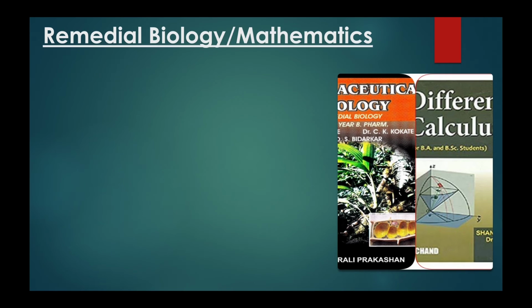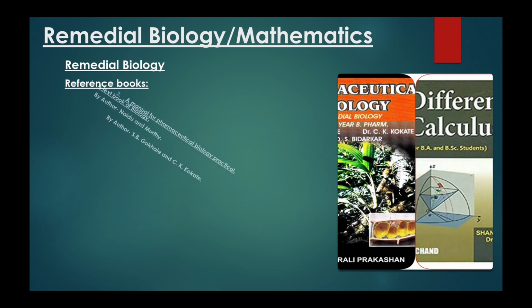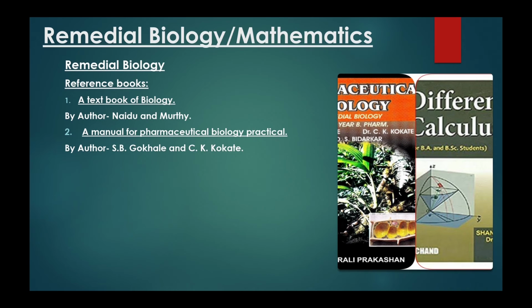For remedial biology and mathematics, let's see the books for remedial biology first. The reference books are A Textbook of Biology written by author Naidu and Murthy. Second, A Manual for Pharmaceutical Biology Practical by author S. B. Gokhale and C. K. Kokate.